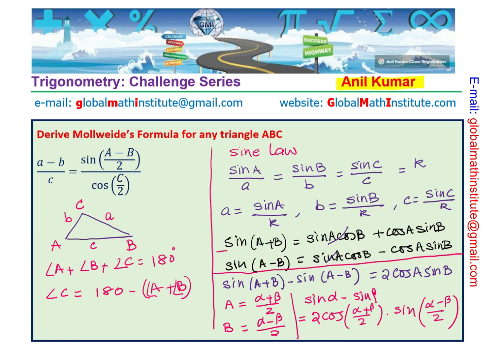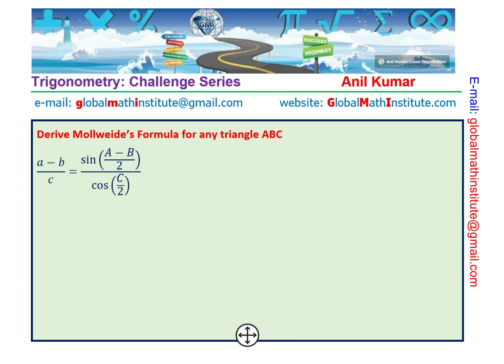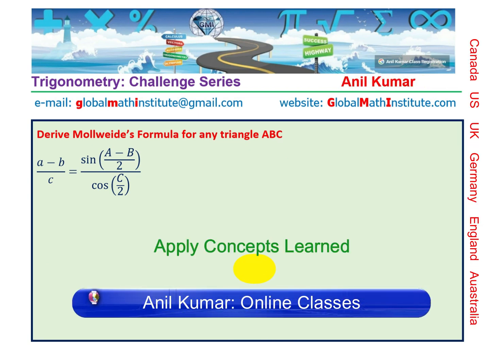Now, I hope you're well equipped with the formulas to go ahead. You can also pause the video and do the derivation. Here is how we are going to do it. First thing first, we are going to begin with the left hand side, which is (a minus b) by c.